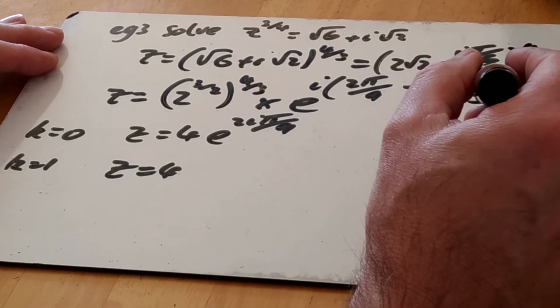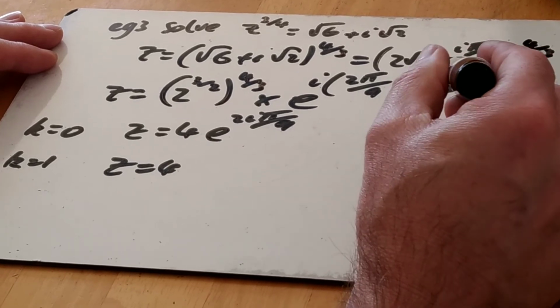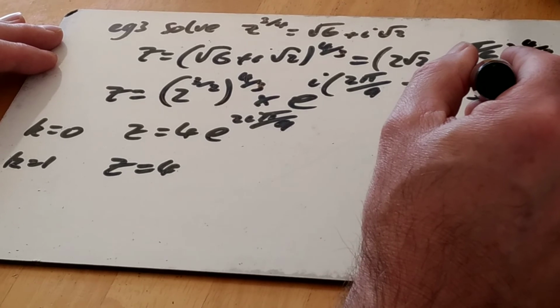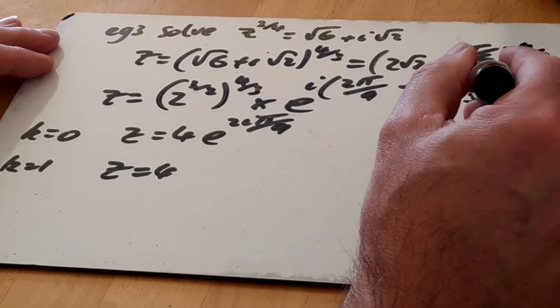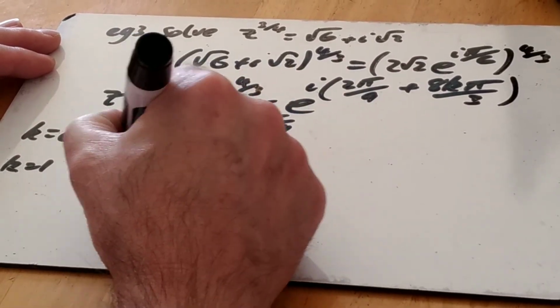So k equals 1 probably gives me an answer that's outside of my range there, because I've got 8 over 3 is bigger than 2 pi. Yep, so that's out of range.